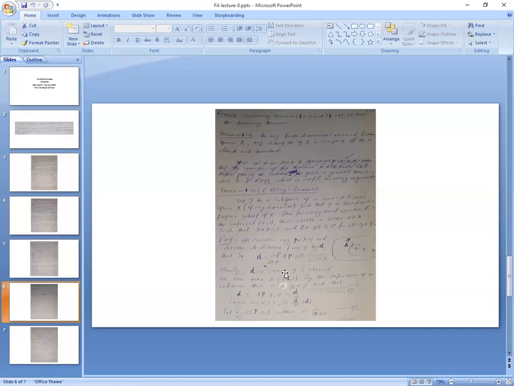So the norm of P minus y naught will be greater than d and less than or equal to d divided by theta.